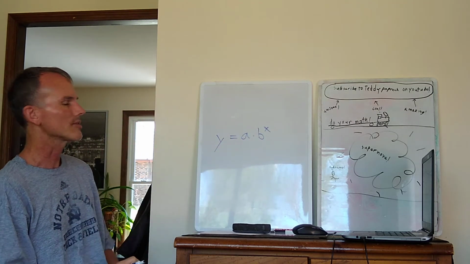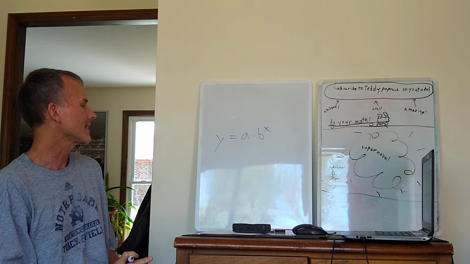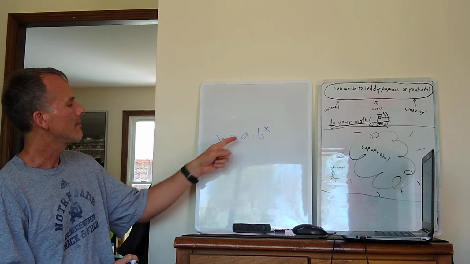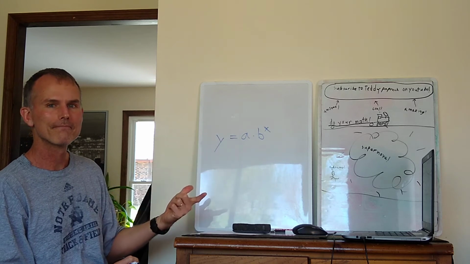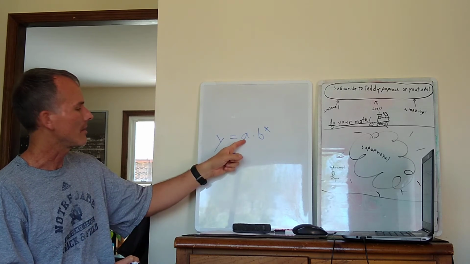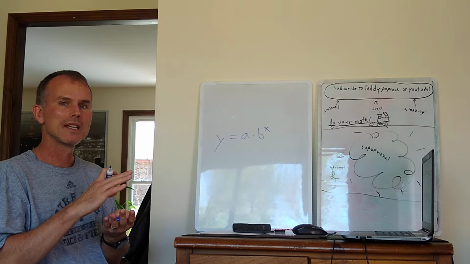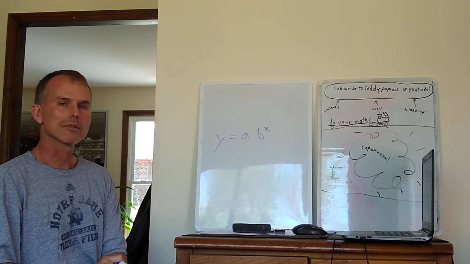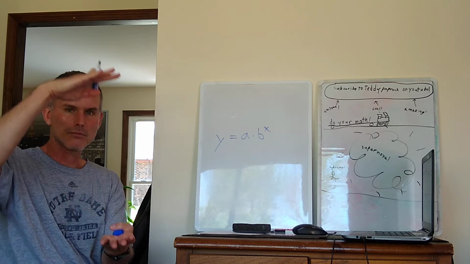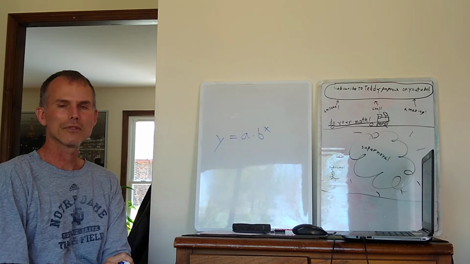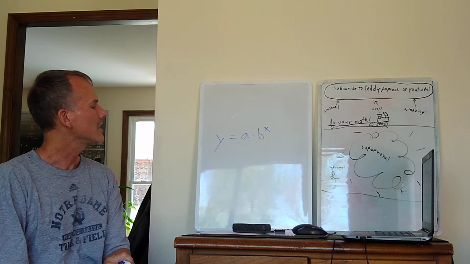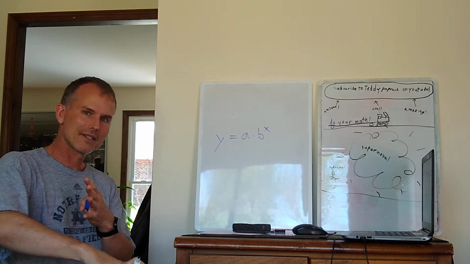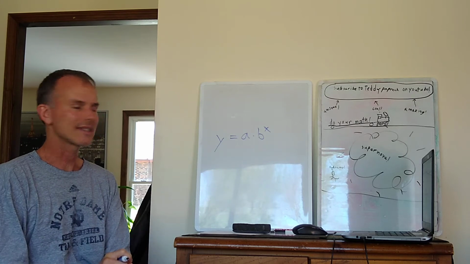For one thing, I can stretch this curve vertically by changing the value of a. If a is a number greater than 1, that will stretch the curve vertically. If a is a number less than 1, it will compress the curve vertically. If a is negative, that will reflect the curve across the x-axis.